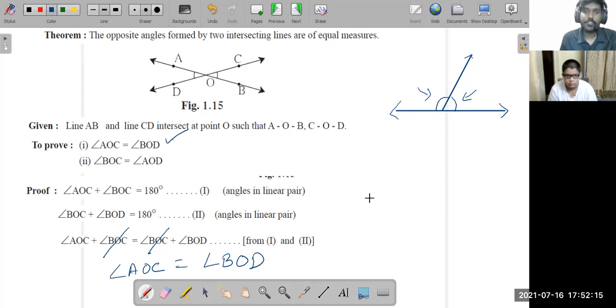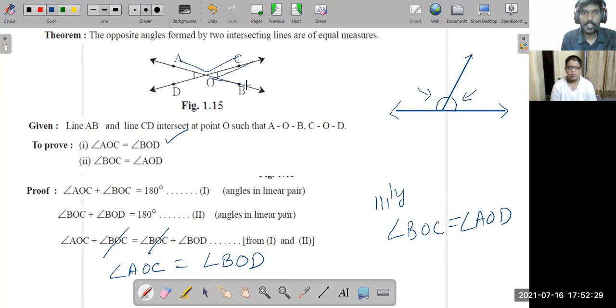Correct? And then for the second, we can just write similarly. We can prove angle BOC equal to angle AOD. Because first you took this linear pair and this linear pair here.